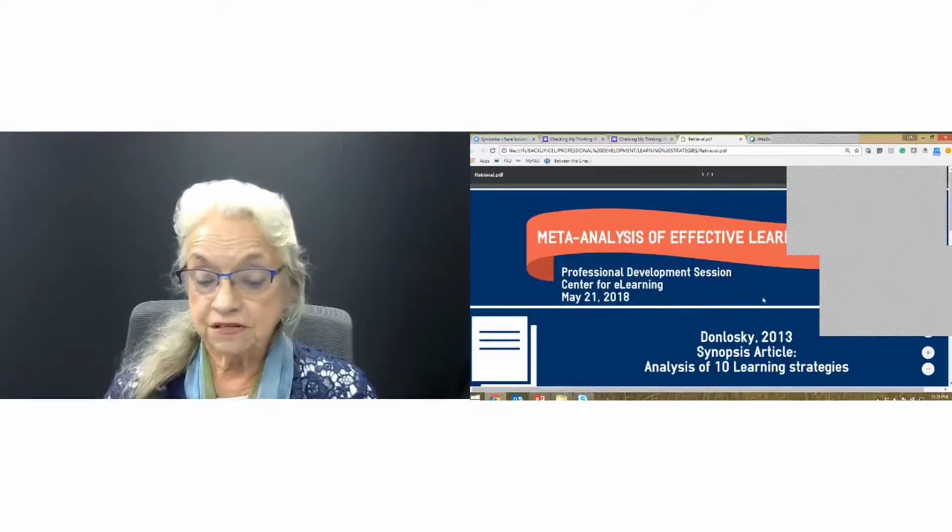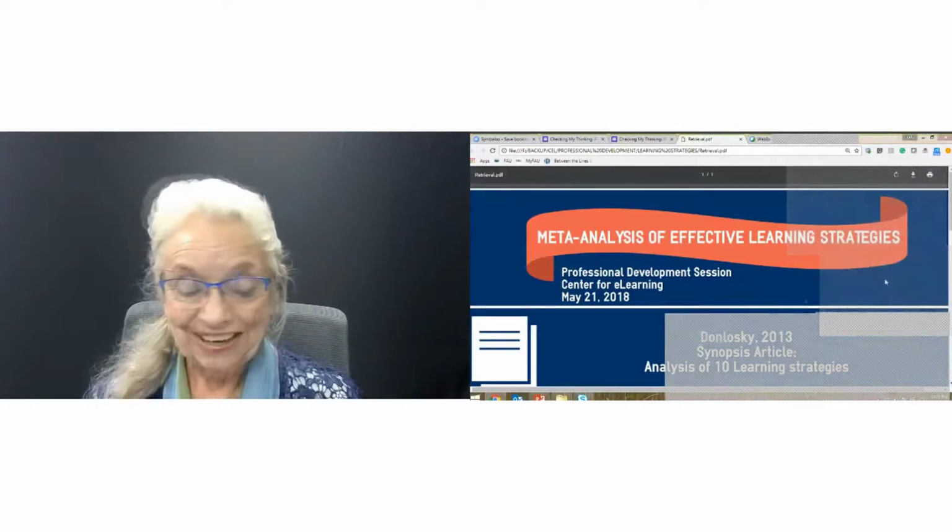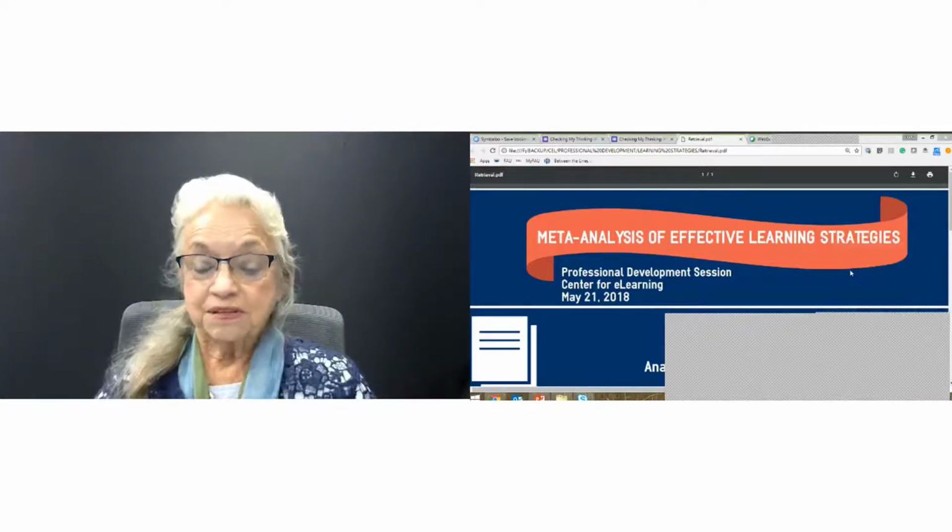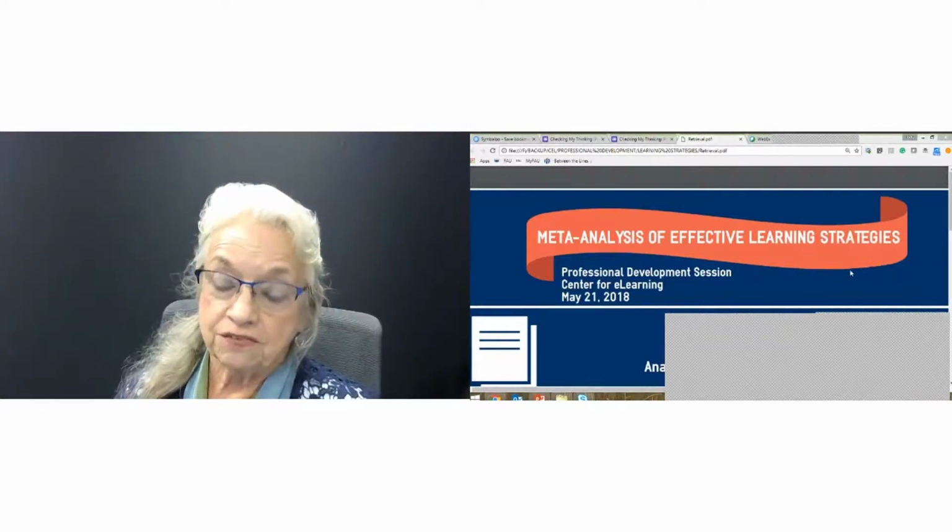Okay, and so this is a meta-analysis of effective learning strategy. This is a really interesting study that I found. I have both a shortened version, which they published, called Strengthening the Student Toolbox.